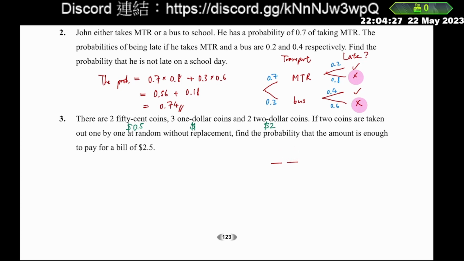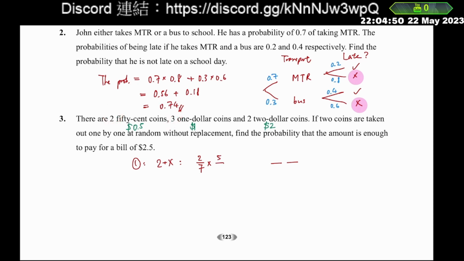So we find the cases one by one. The first case will be $2 and then another one not $2. The probability will be the first one $2, therefore 2 over a total of 7 coins, and the second one not a $2 coin, therefore altogether 5 of them, because it is 2 plus 3.